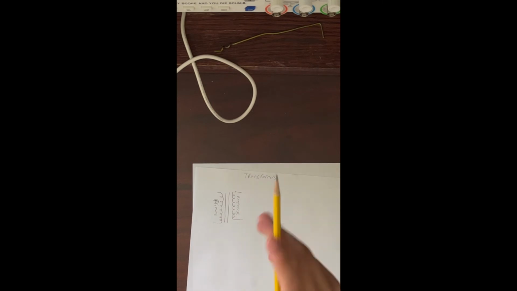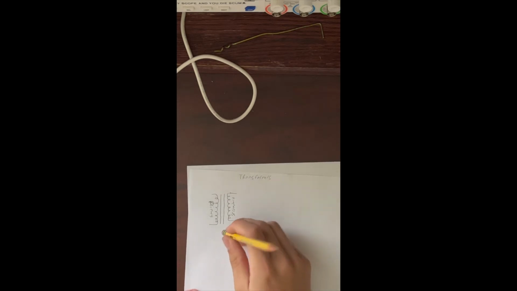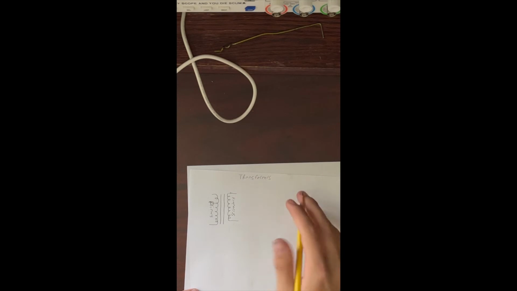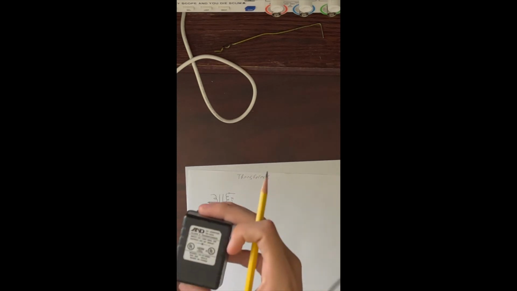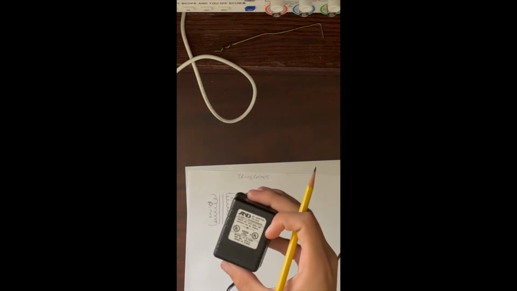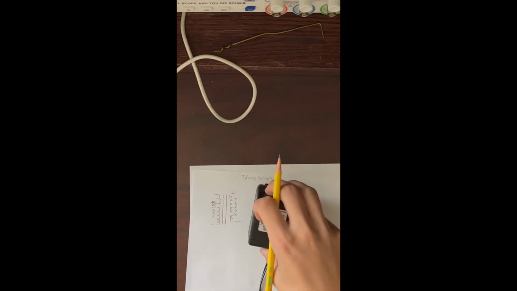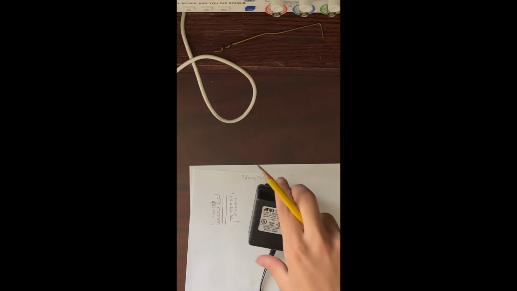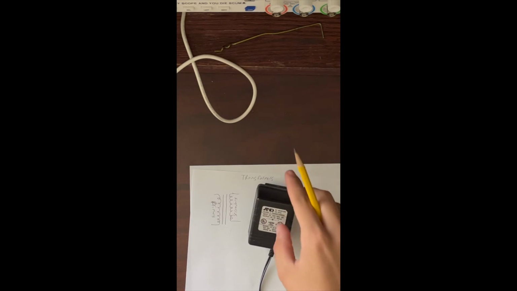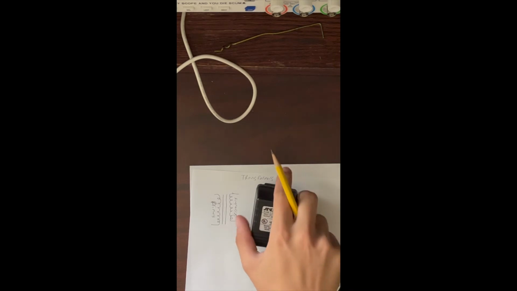The operation of a transformer basically steps up or steps down a voltage. So, for example, here are two different examples. This wall adapter would be stepping down, because we're putting in 120 volts, and in this case, we're getting out 6 volts DC.